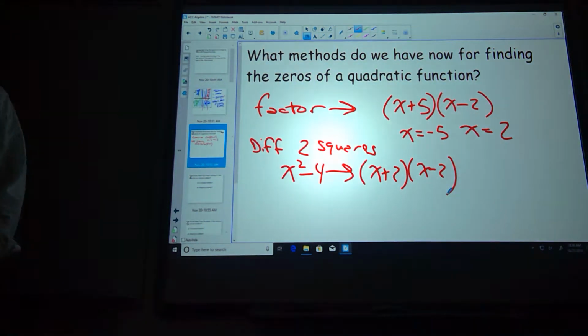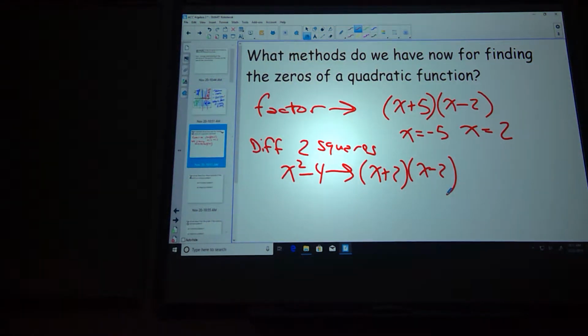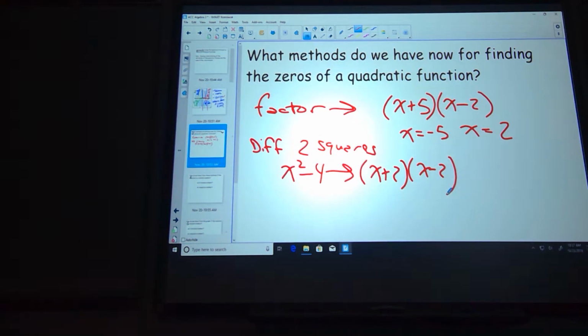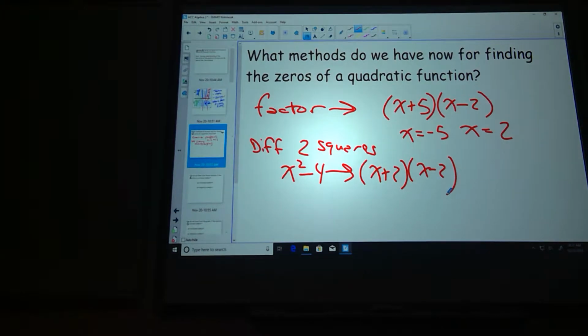These are different things that you have in order to get the solutions. Things that didn't factor when you were in Algebra 1, we referred to as prime. Prime doesn't mean that the solutions don't exist. It just means that one of two things is happening. If it doesn't factor, you might have complex solutions, the i in there, or you might have an irrational solution. So 3 plus 2i, or 3 plus root 2, things like that.